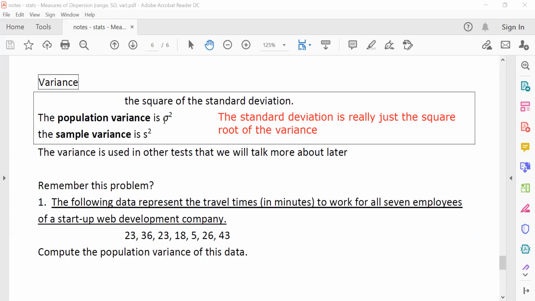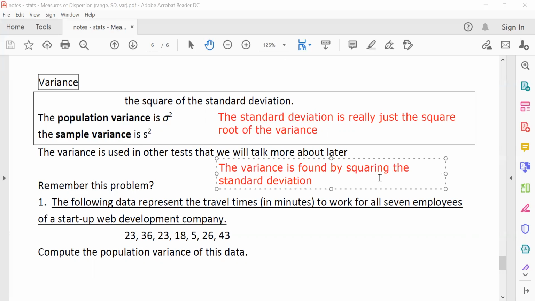You remember we used sigma to represent the population standard deviation, and we use S to represent the sample standard deviation. So the variance is just one less step than finding the standard deviation. This means that the variance is found by squaring the standard deviation. That's it. Really just not super interesting.